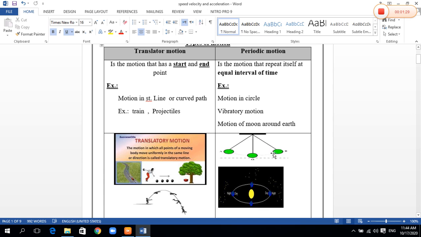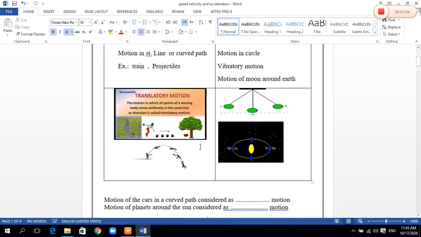This is vibration motion, a periodic motion, and this is the motion of the moon around the earth, or the earth around the sun. This is called circular motion. Motion like throwing a ball or an object, called projectiles, is something thrown up and left to fall a distance from the starting point.